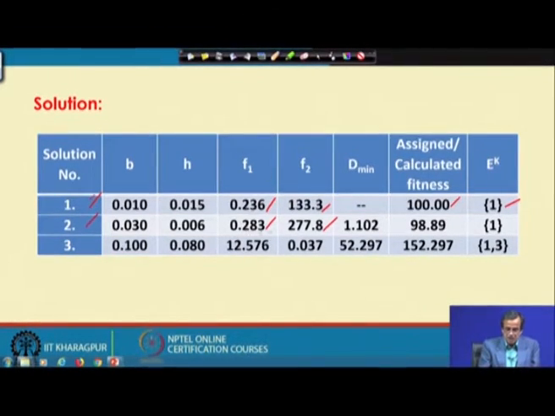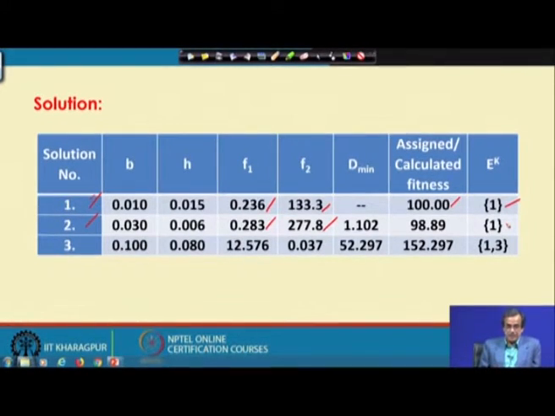Once we have got F1 and F2, let us discuss how to determine D min, how to find the modified fitness, and how to decide whether the second solution will enter the non-dominated front or not. I am going to discuss all such situations.